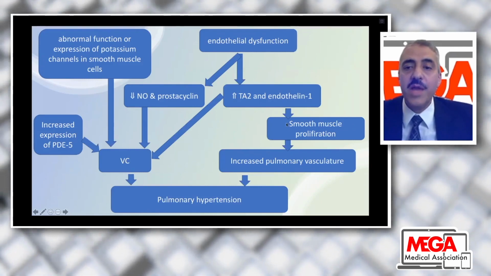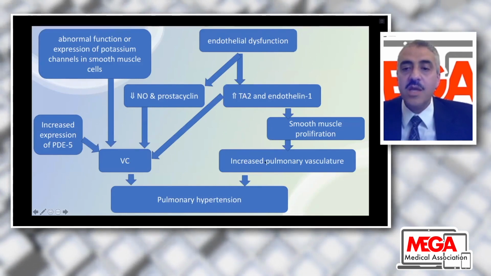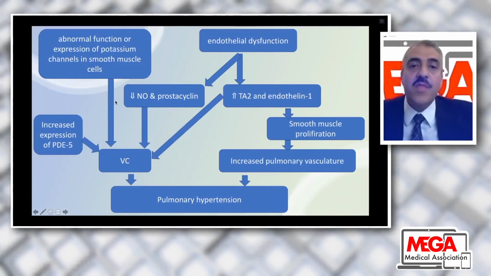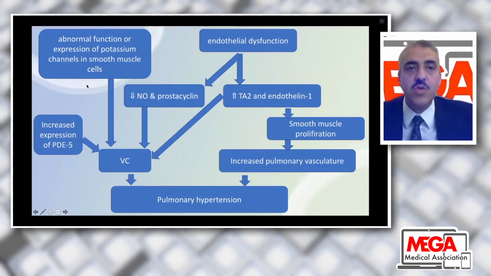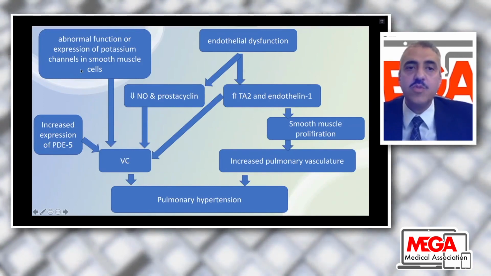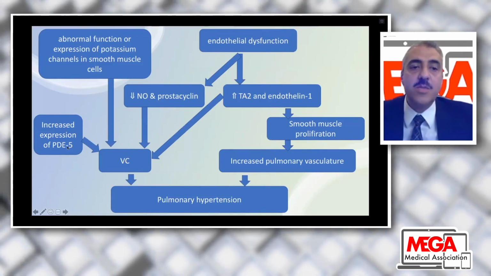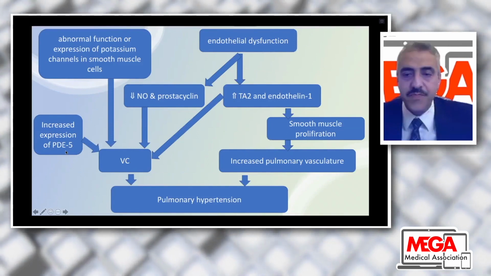Endothelin also induces smooth muscle proliferation, increasing pulmonary vasculature and pulmonary hypertension. Two other mechanisms are involved in vasoconstriction: abnormal function or expression of potassium channels in smooth muscle cells, and increased expression of phosphodiesterase 5.